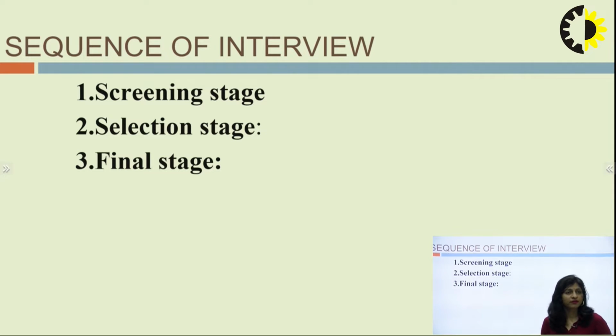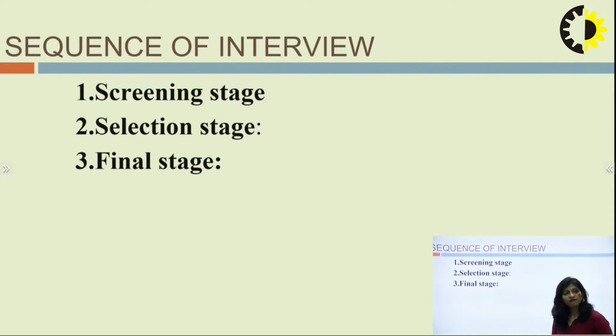So the candidate is advised to show his zeal and interest for the job, and he should be alert and attentive. You should try to respond to all the questions of the interviewer.